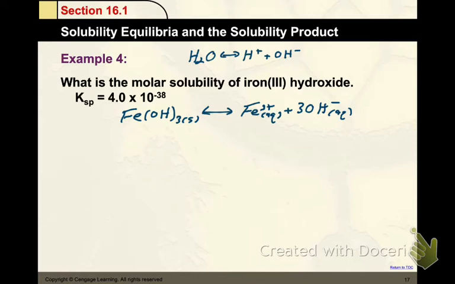And if you remember from our good old Kw, if it's pure water initially, you've got 1 times 10 to the minus 7 molar of H plus to start, and 1 times 10 to the minus 7 molar of the OH minus to start. Well, that 10 to the minus 7 concentration with a Ksp of 10 to the minus 38 may very well be significant here. So we're actually going to need sort of our ICE table here.